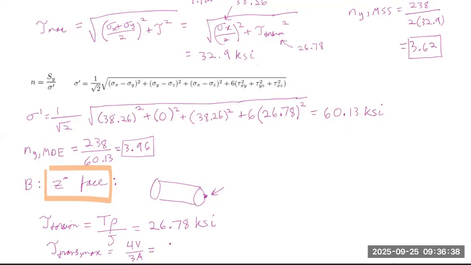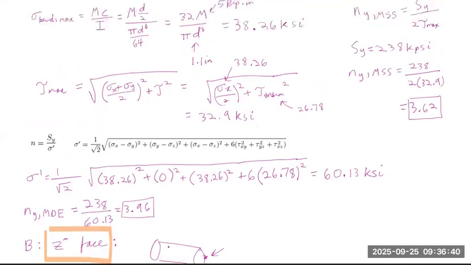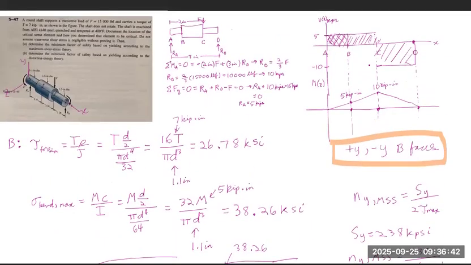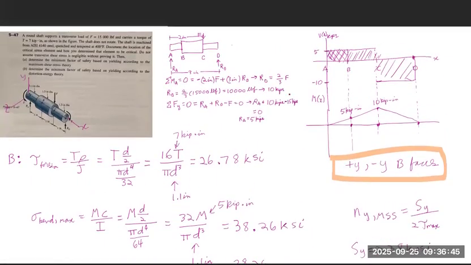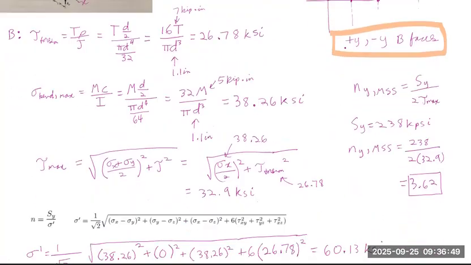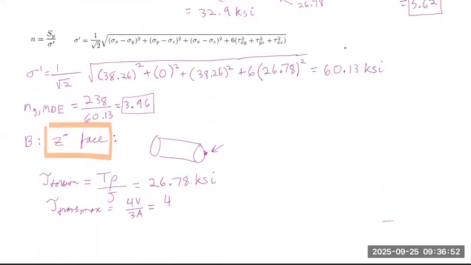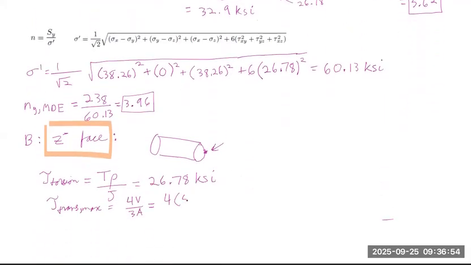It's going to be 4 times the shear force at B, which we found to be 5 kips, over 3 times the area at B, which is pi times the diameter of B, so 1.1 divided by 2 to get the radius, and the radius squared.